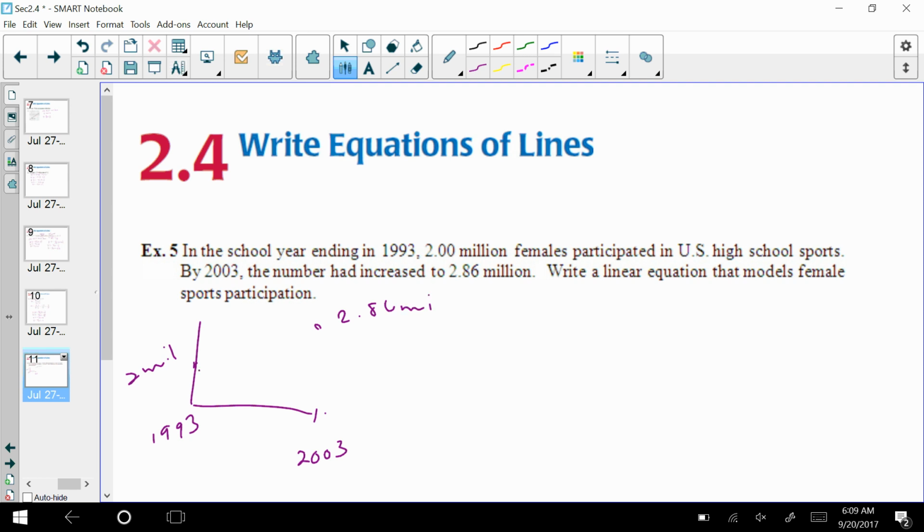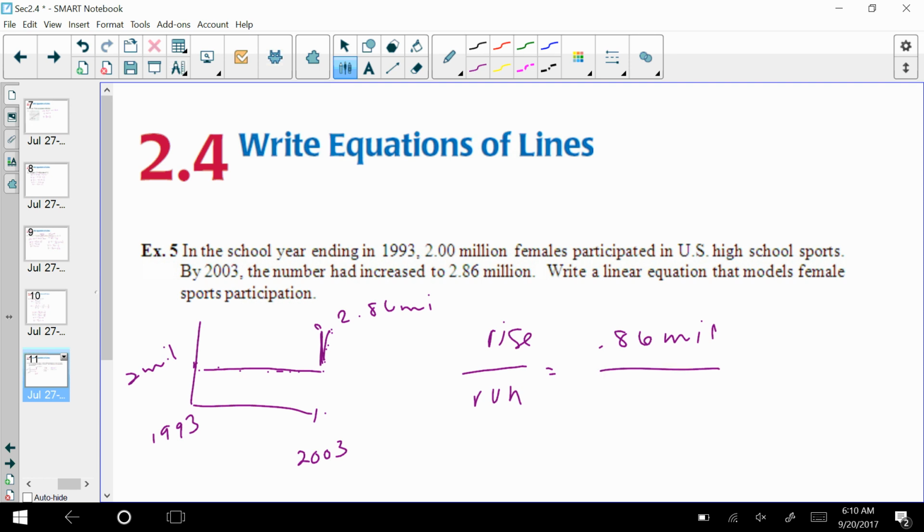So for this one, we're going to look at our change in y and our change in x. So here, this is our rise, and this is our run. So our rise is the difference between now, 2.86 million, and 2 million, which is 0.86 million more females in high school sports.